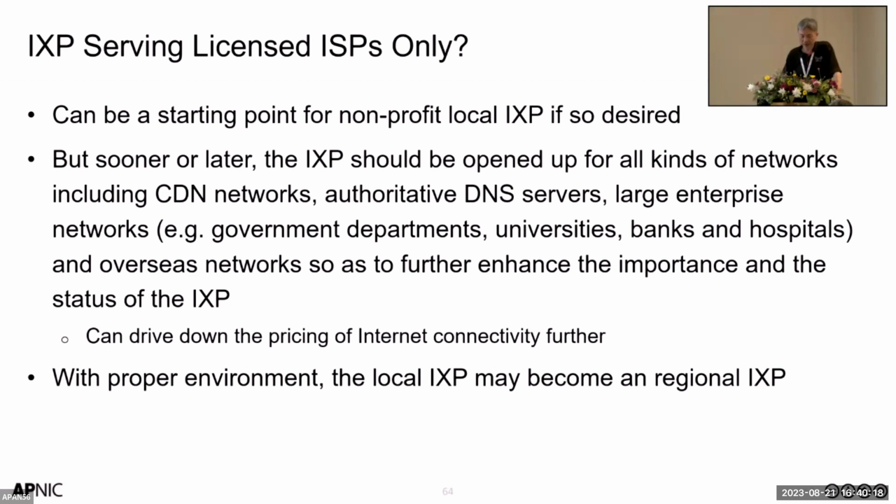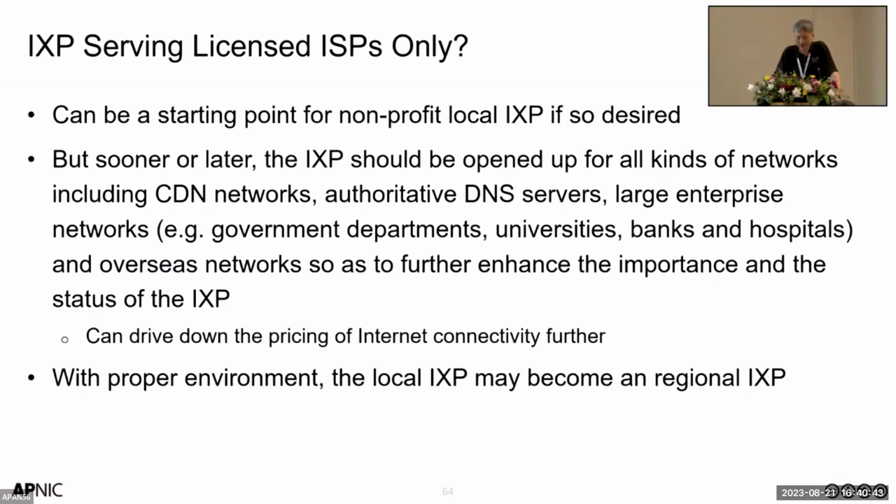One interesting topic is whether the IX should serve licensed ISPs only. Maybe it's a good starting point, but sooner or later you need to open up to all kinds of networks, including CDNs, because they may not be licensed ISPs. DNS operators will not have a license.